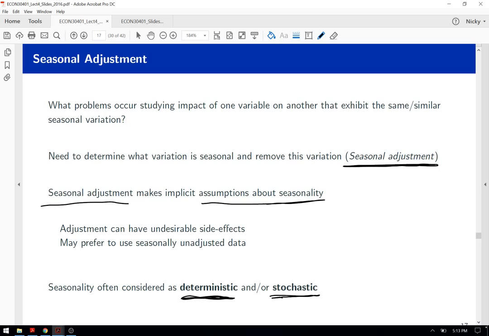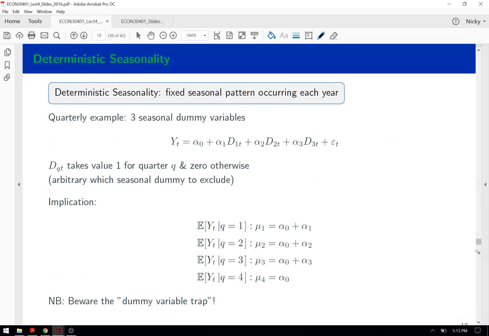If there's a big sales shock, it could mean that sales are high next year, and then four quarters ahead and so on, but this will eventually die away. So we could think that the seasonal pattern is there every year, or that there's some shock at some point and this effect dies away. There's a seasonal effect, but it dies away after so long. Okay, so let's give examples then.